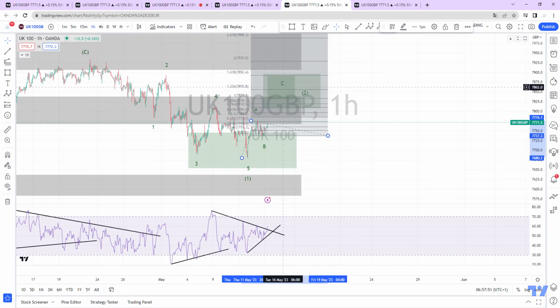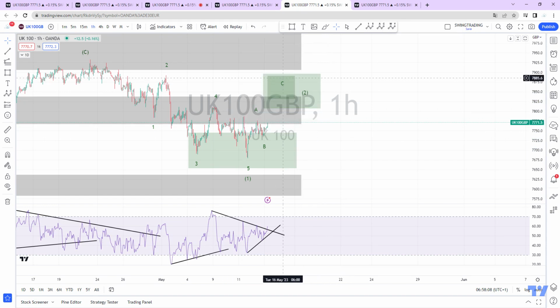Then our target zone for wave C becomes this area between the 100% Fib extension and the 1.618 Fib extension. So I think this here is a good zone to put a short.